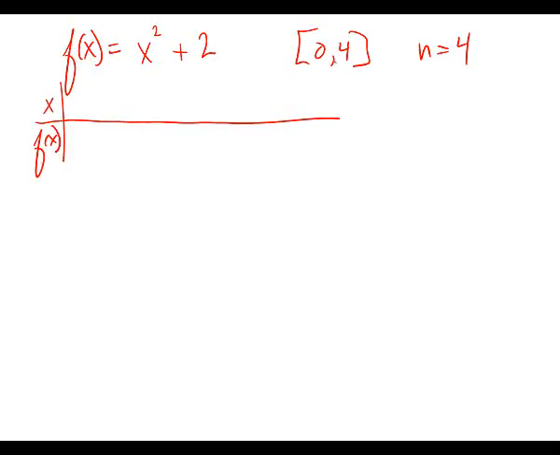So where's my table going to start? 0. And then I'm going to go 1, 2, 3, 4. Okay. So I'm going to take those values and plug them into this function. So what do I get when I plug a 0 in? 2. What about 1? 3. What about 2? 6. And 3 is an 11.